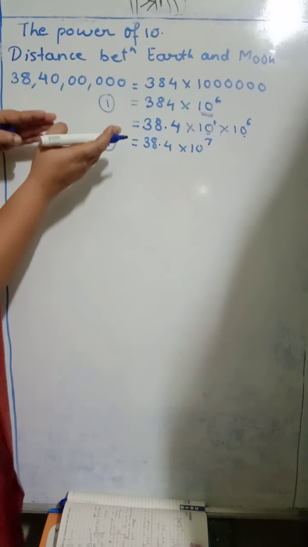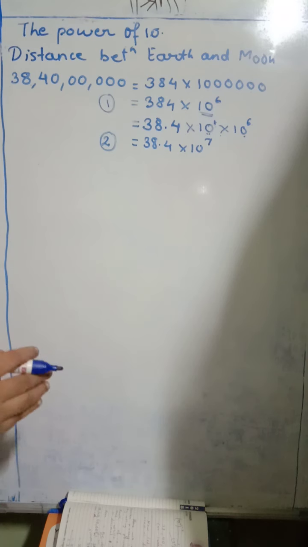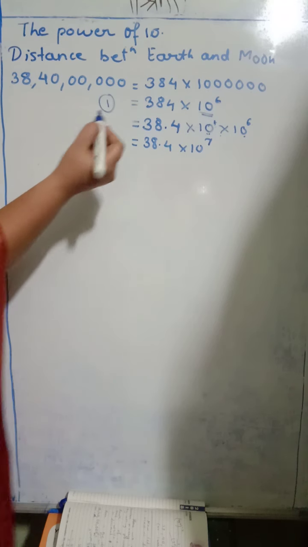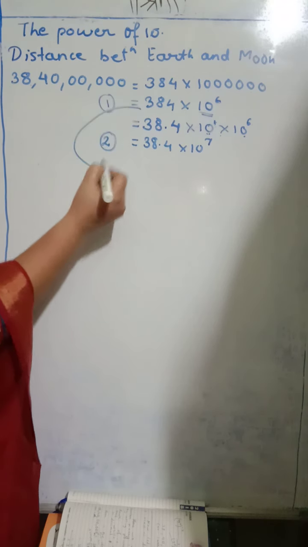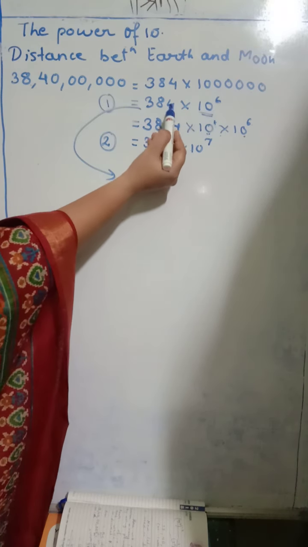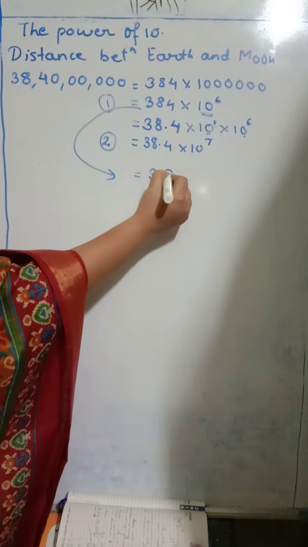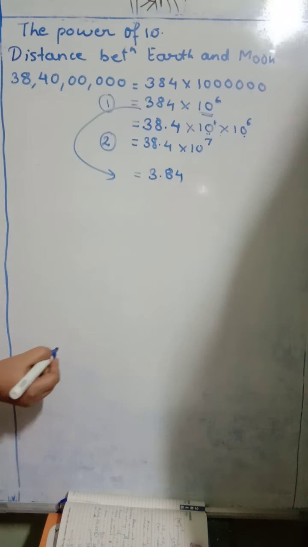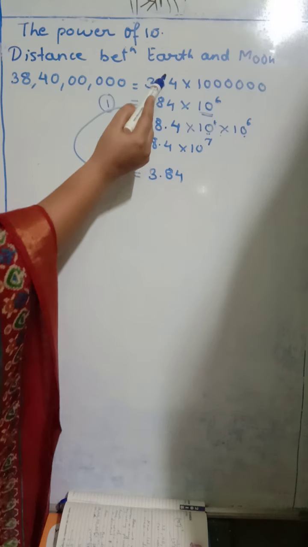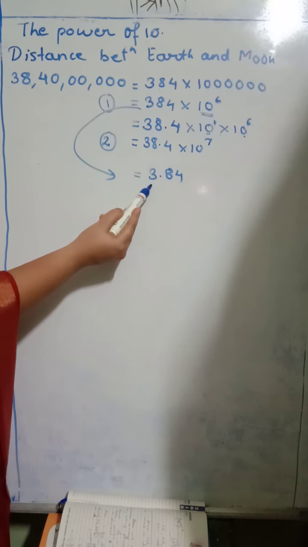Now can we convert 38.4 to a smaller number? Yes children, we can convert it. I will show this step by step now. Here we have learned to shift 1 place. Now I will shift 2 places, that equals 3.84. It was in hundreds, then I brought it to tens, and now did I bring it to units?